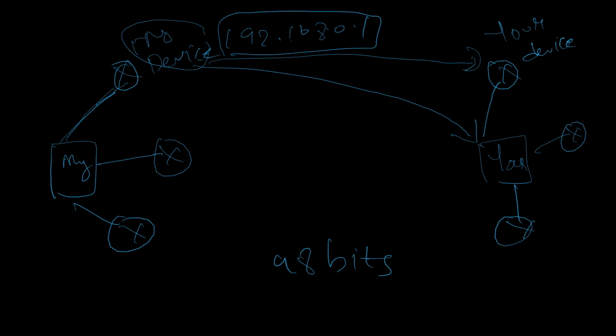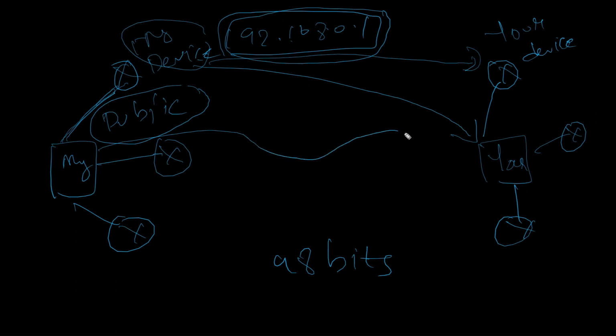So with this IP, my device sends a packet to my router, and my router changes the IP to its own IP, which is a public IP, unique across the world. It flows through different routers on the internet and reaches this router. This router sees the IP address and the MAC address, and based on the MAC address, it verifies whether it's its own MAC address or not.